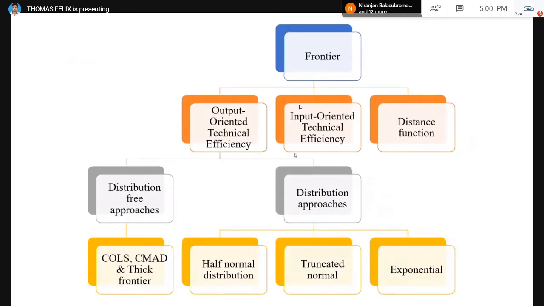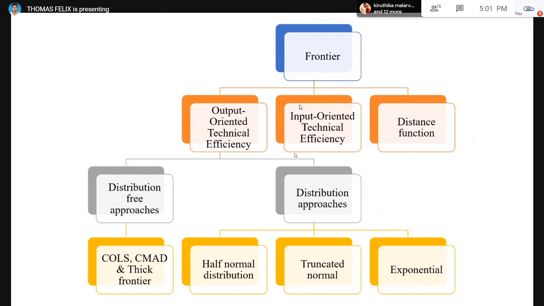There are different types of Frontier. As I said, one is the output oriented technical efficiency approach, another one is the input oriented technical efficiency approach, and another one is the distance function. There are so many functions available to derive the Frontier. We know what is meant by output oriented technical efficiency, and we have also seen what is meant by input oriented technical efficiency.